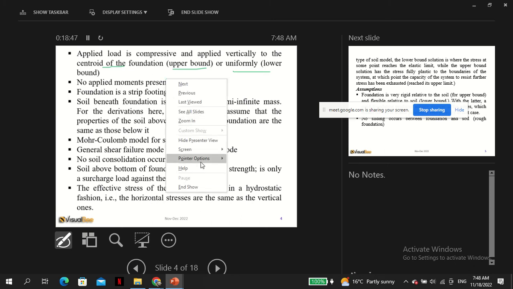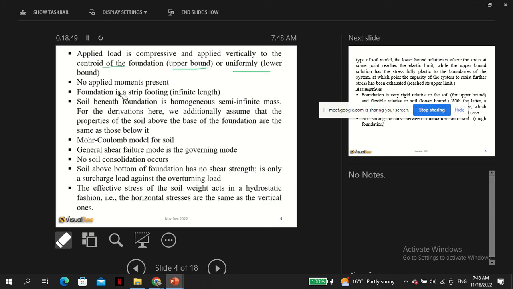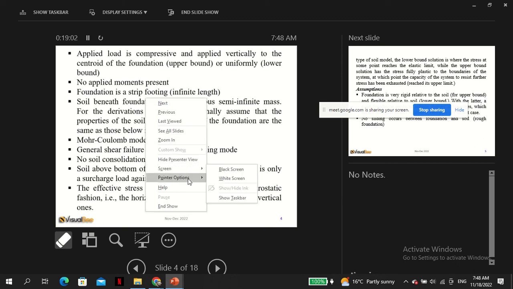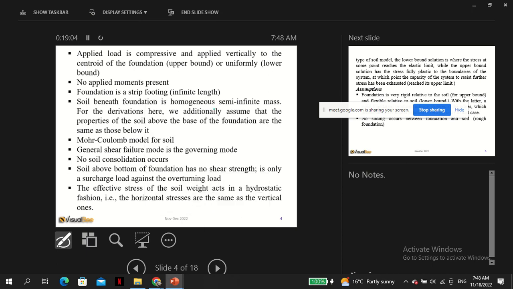There are no moments in the solution, and the foundation, a strip footing, is of infinite length. We usually use per meter length.